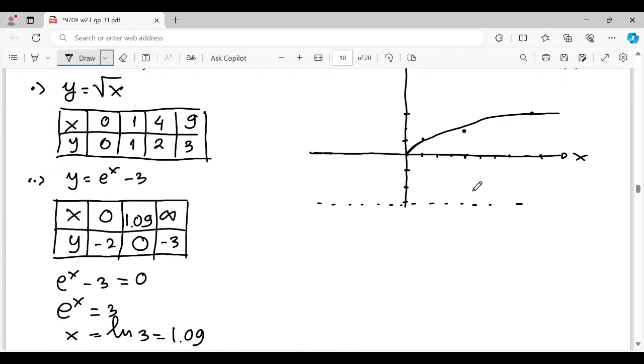Okay, now we're going to sketch. This is 0, minus 2 and 1.09 and 0 here. So the graph will be like this.